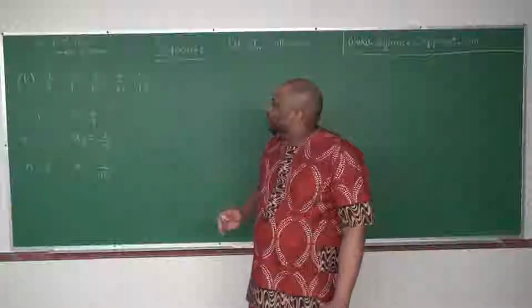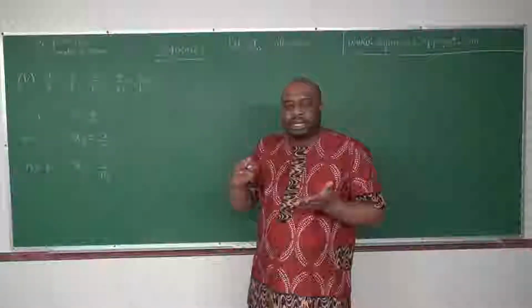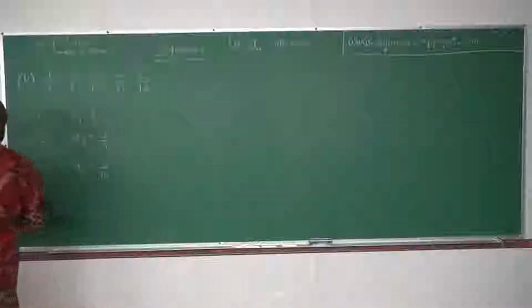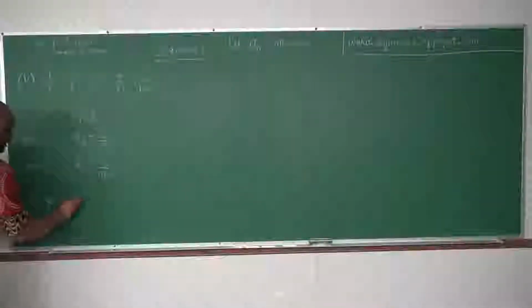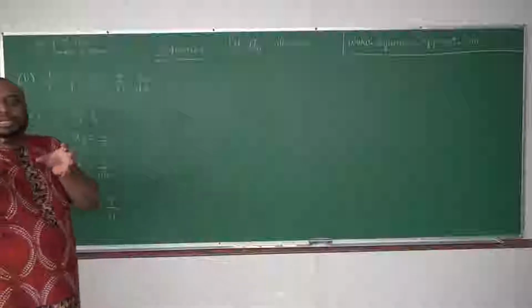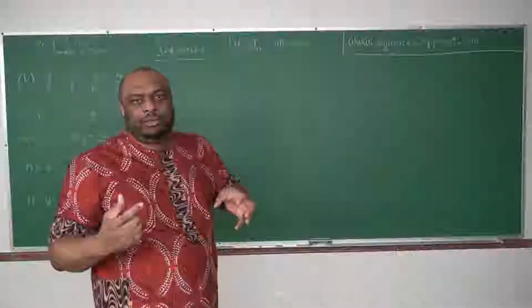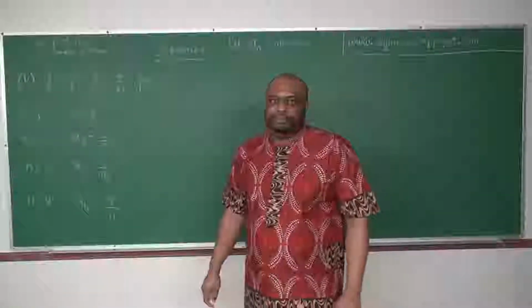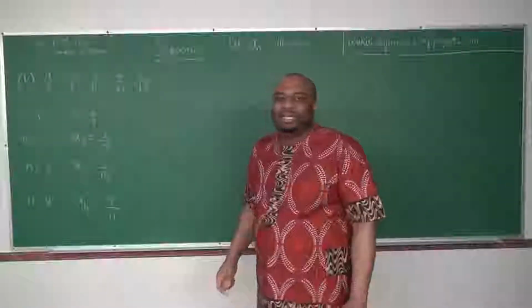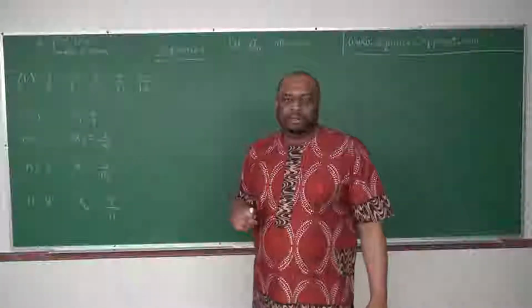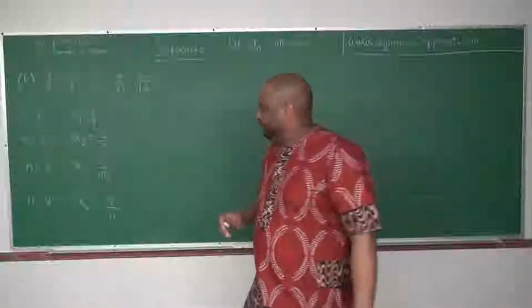So at least when n is 4, the numerator of A4 is 4. So you see that there is a connection between the numerator and the nth term. Now the next thing you want to know is, how do you get the denominator?